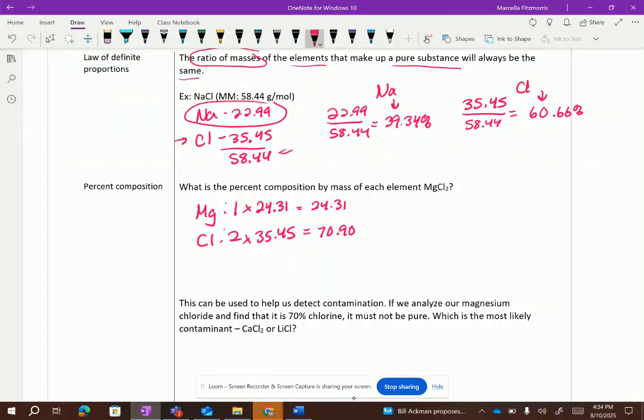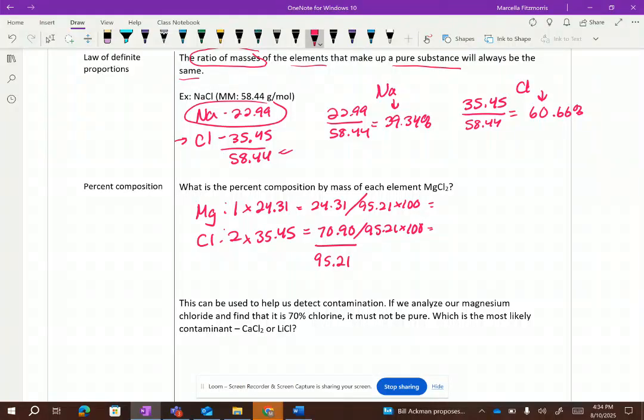When we add these up, we get 95.2. So what we basically do is we take this 24.31 and divide by the molar mass times 100. We take this, divide by the molar mass times 100, and we get its percent compositions.